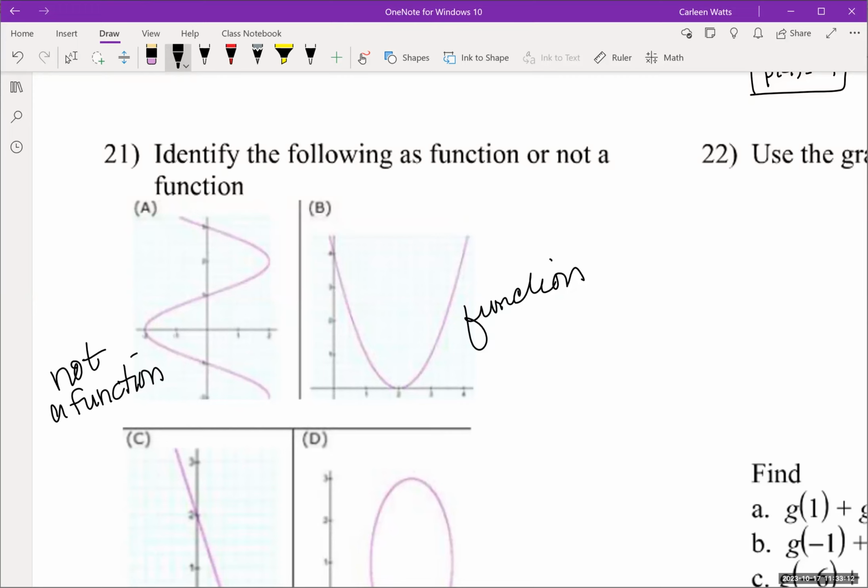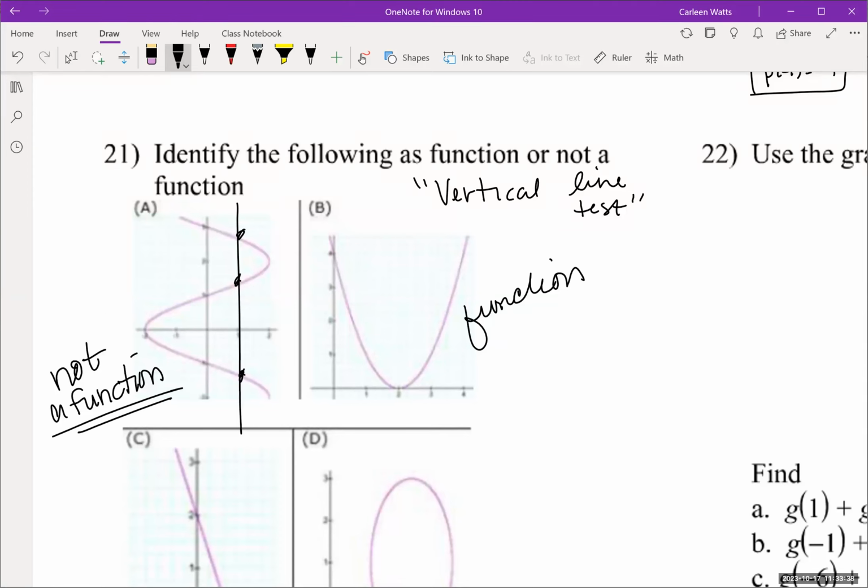So we're going to use what is called the vertical line test. Now, is there any point on the graph where I can draw a vertical line and hit it 2 places? Yes.